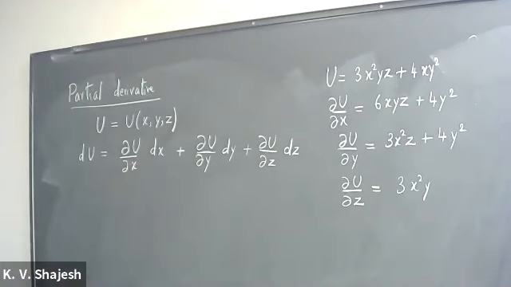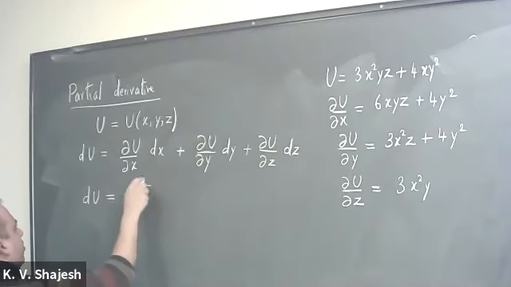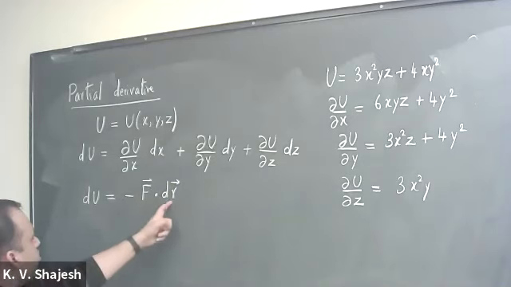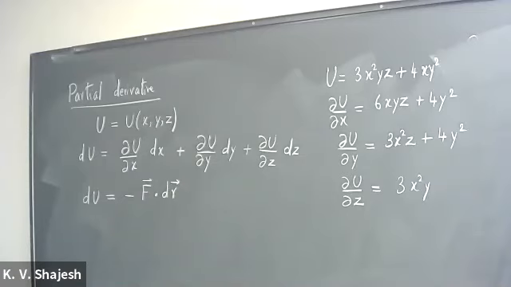Now, force by definition is equal to, let me think of it the following way. Du, the change or differential statement of energy, is minus F dotted with dr. That's a dot product between the force and an infinitesimal displacement.